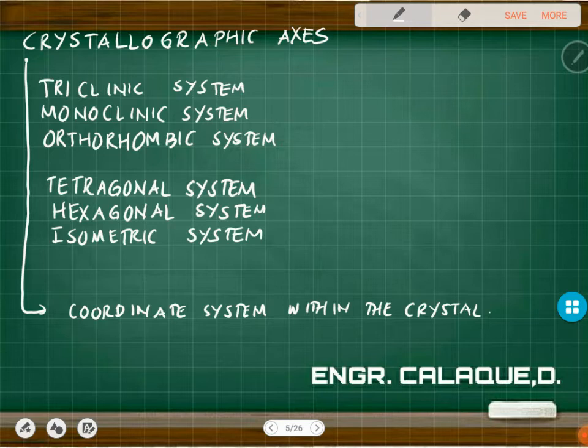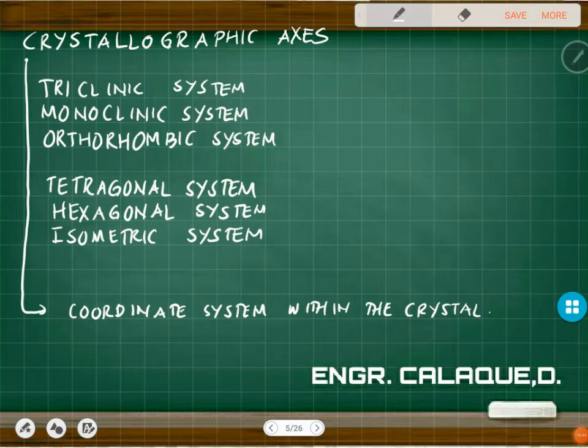If we talk about axes, that is also termed as the system in minerals. So we have the triclinic system, the monoclinic system, the orthorhombic system, the tetragonal system, the hexagonal system, and the isometric system. So the crystallographic axis is the coordinate system within the crystal. That's all it is.